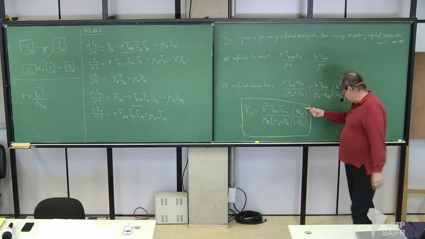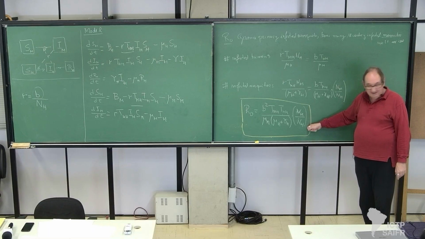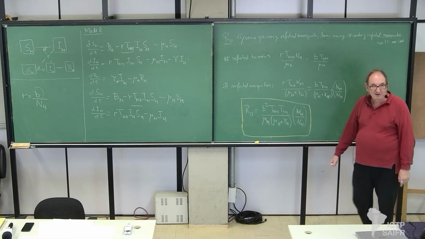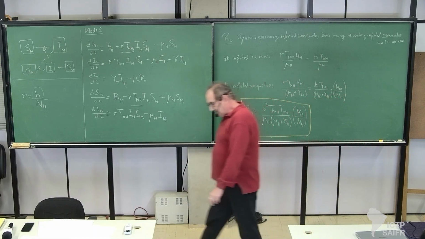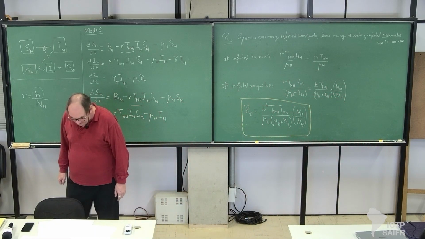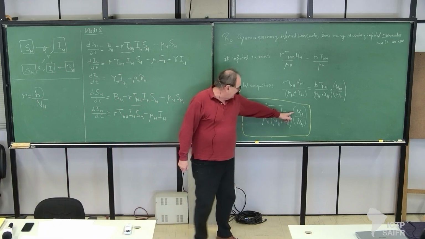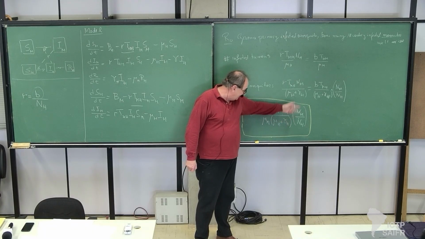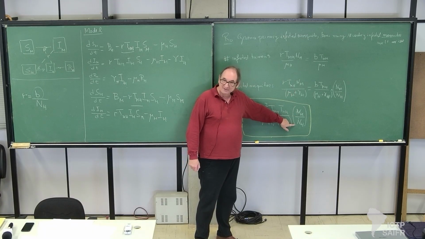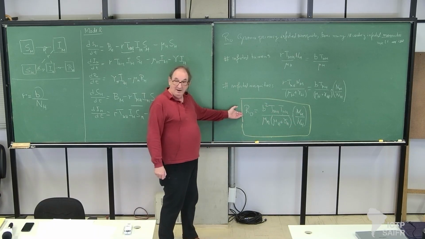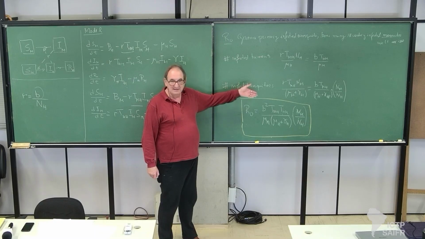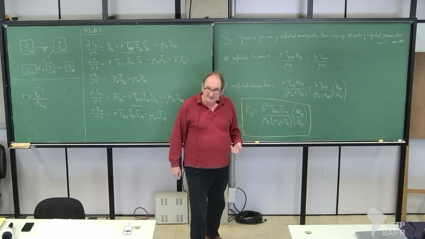But what is interesting here is that you have this thing, number of mosquitoes divided by number of humans, which sounds fine. Because this means that if the number of mosquitoes is high with respect to the number of humans, then you have a higher value of R0, and possibly you have an epidemic.